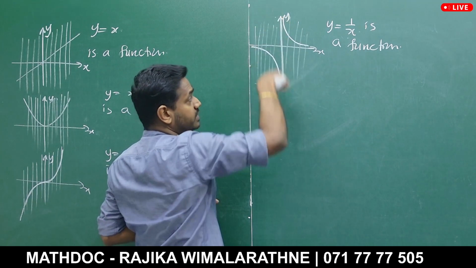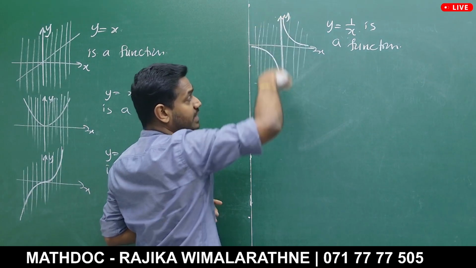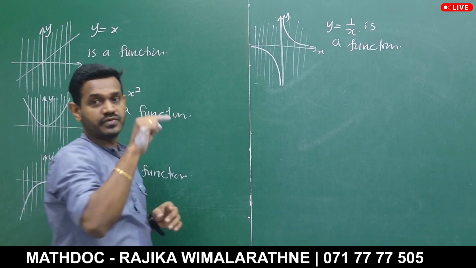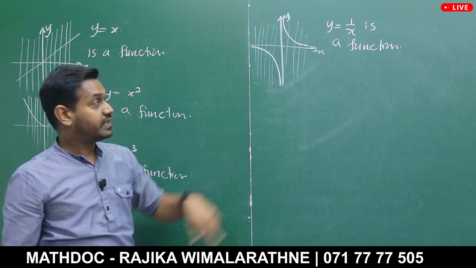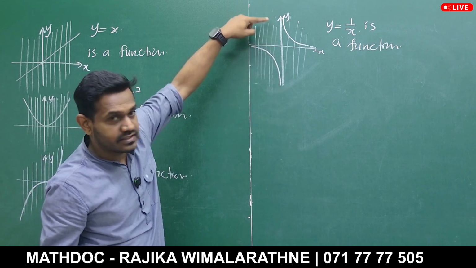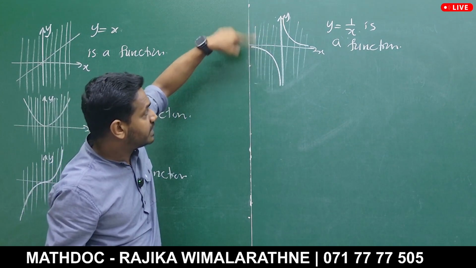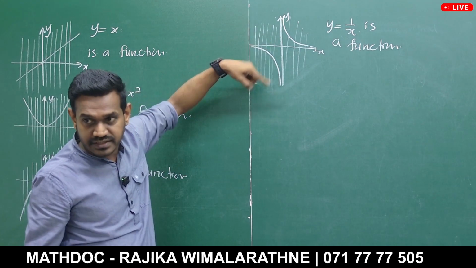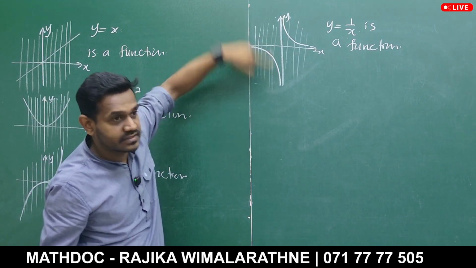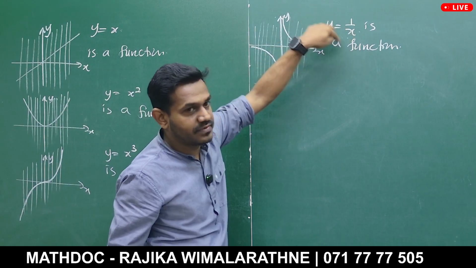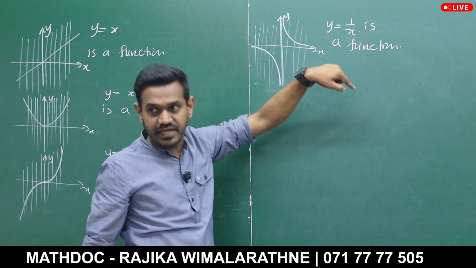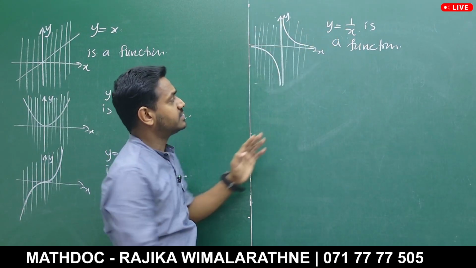That line especially we call an asymptote. It touches, not cuts. All the other lines cut, but here this one touches. That happened because of denominator 0.